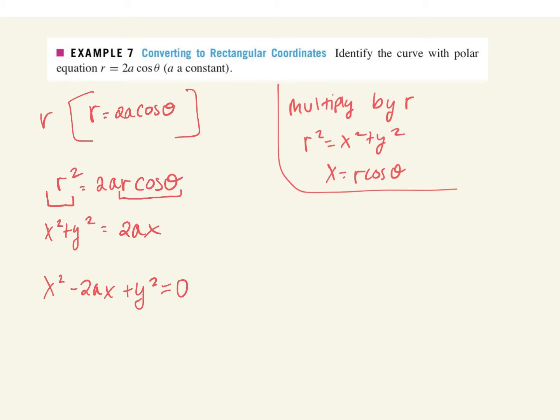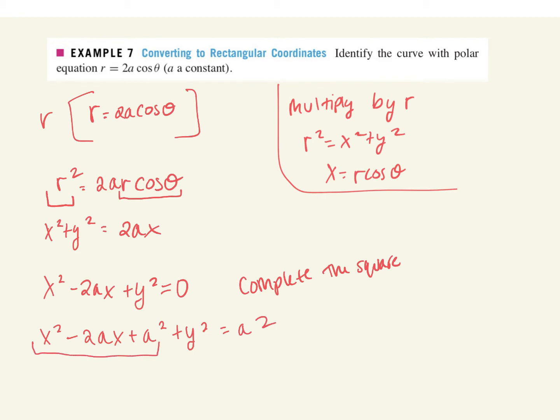We can complete the square by adding an a squared, and then this portion is equal to x minus a quantity squared plus the y squared equals some a squared.